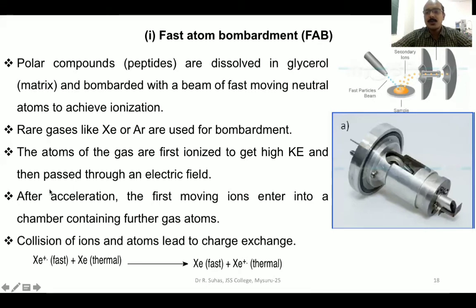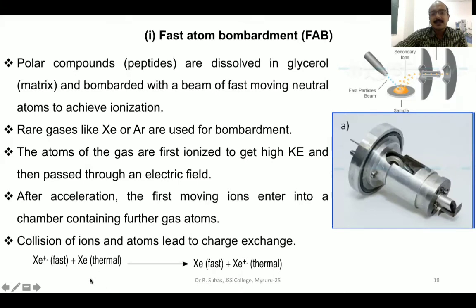Once you produce the highly energetic atoms, they undergo acceleration. The fast moving ions enter the chamber containing further gas atoms, and here this is xenon. Xenon, which I have already heated with electrons to form the xenon radical cation, will have very fast movement, whereas the other xenon is in thermal condition: one is fast and the other is thermal.